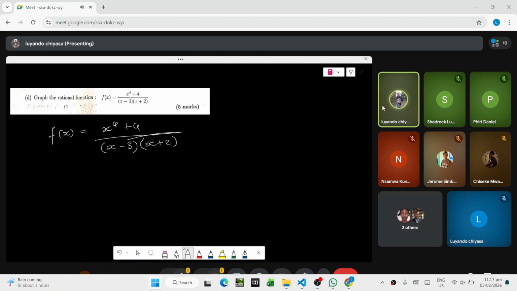Firstly, we know that we need to find the vertical asymptote and the horizontal asymptote, and when we do that, we can graph, right?